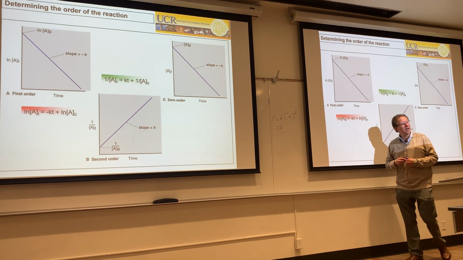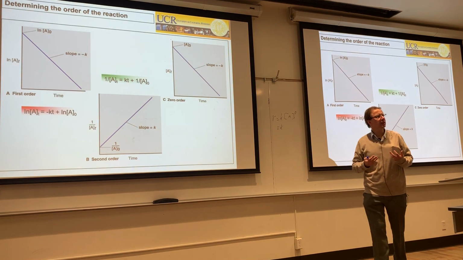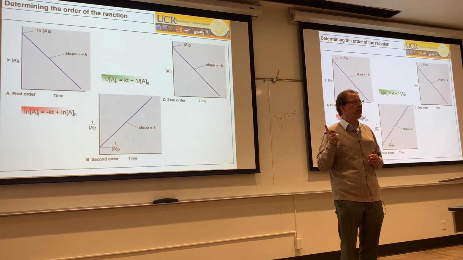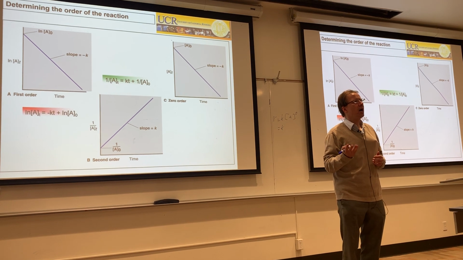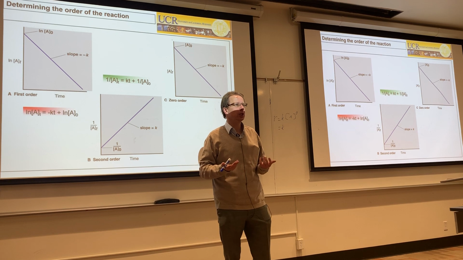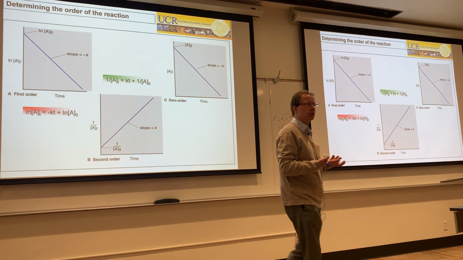So there are many scenarios in which you can imagine a zeroth order dependence. They have nothing to do with molecularity. All those examples I just gave had to do with how you run the reaction, how you proceed the reaction.